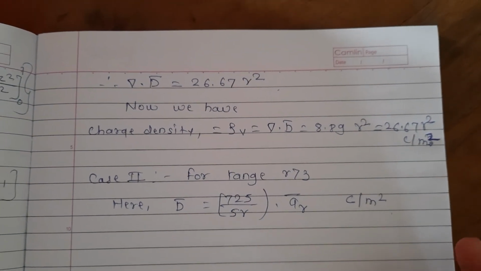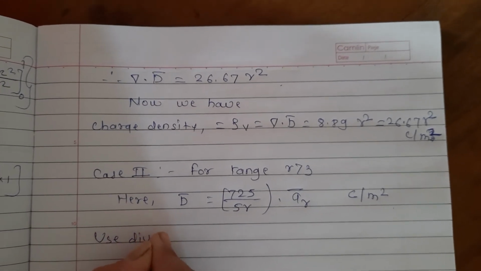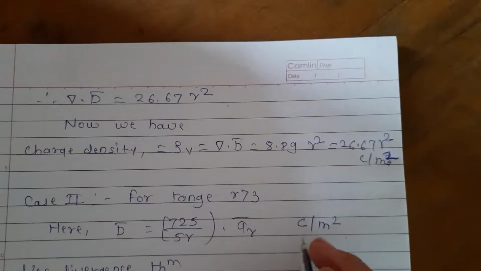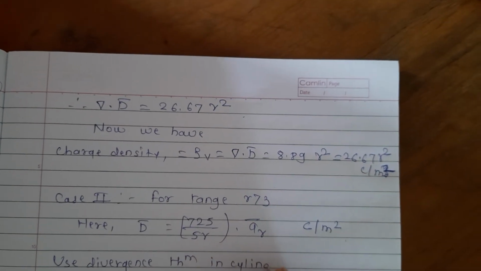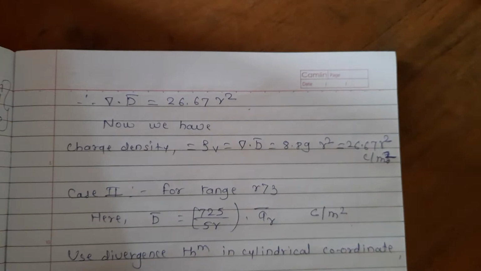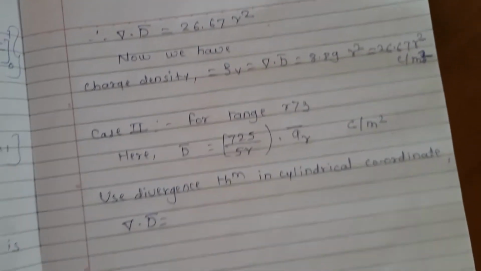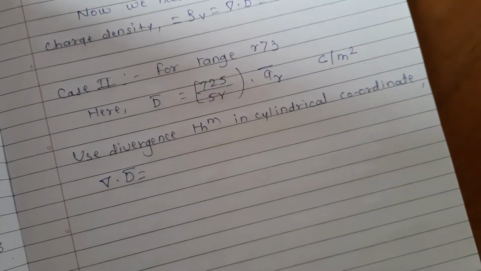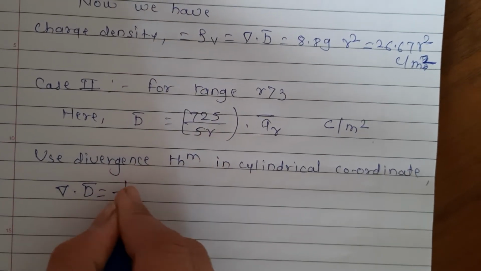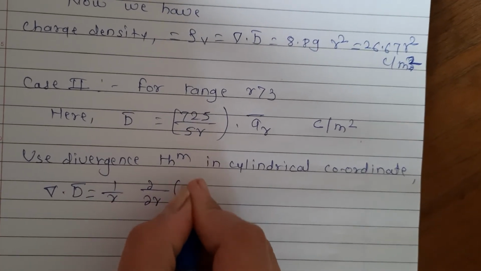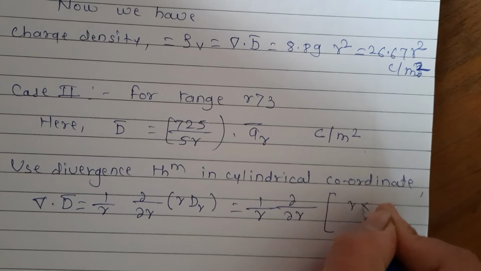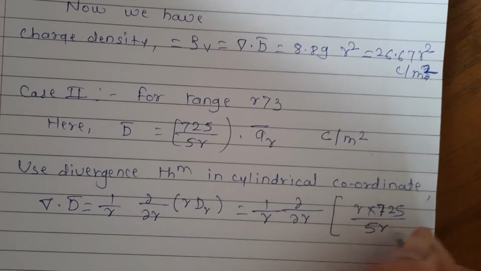Now using the divergence theorem in cylindrical coordinate system, del dot D bar is equal to 1 by r del by del r of r Dr, that is equal to 1 by r del by del r of r into 725 divided by 5r.